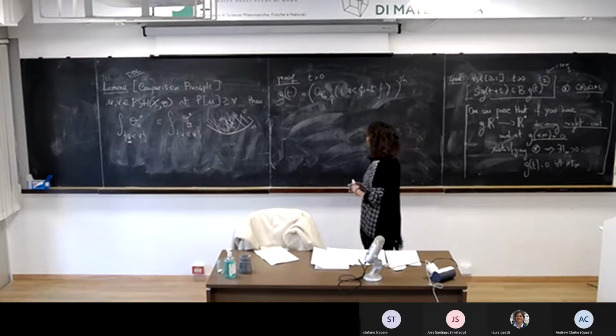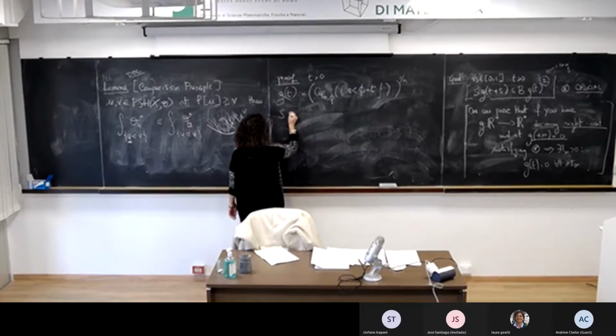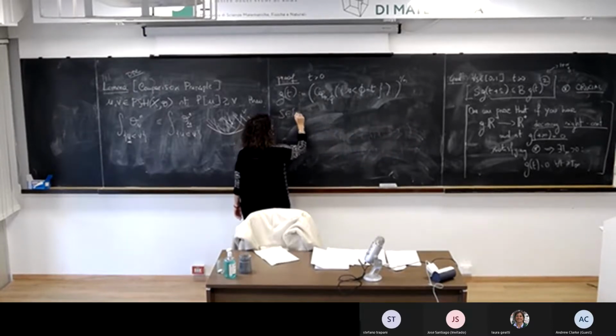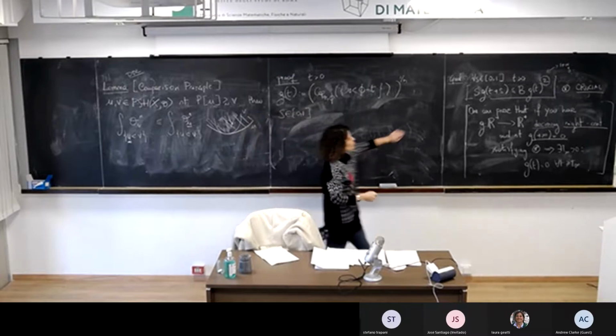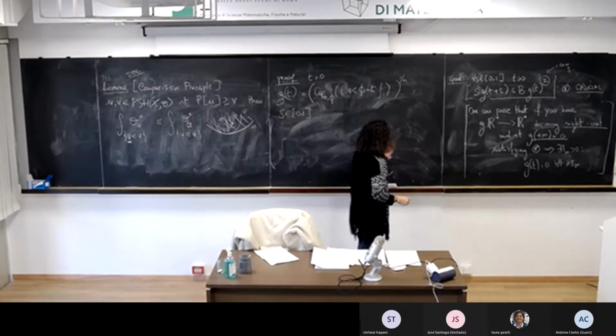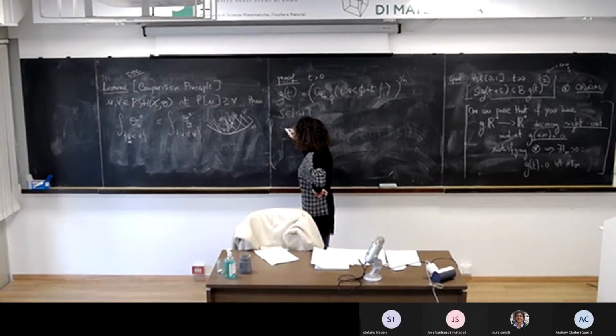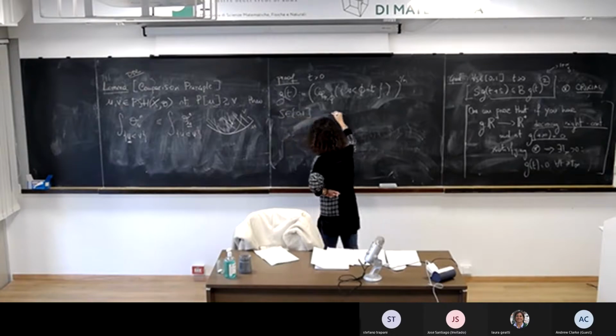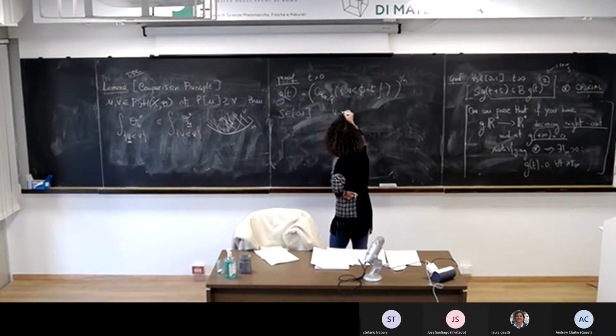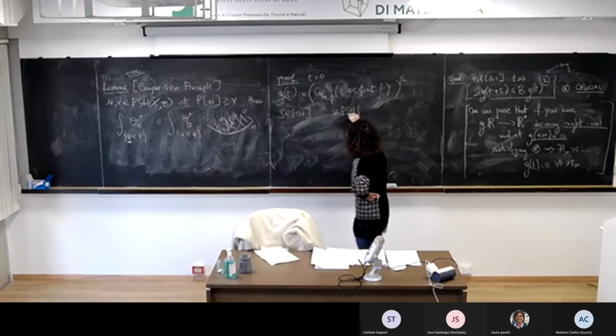Let's go for it. So we take s in between 0 and 1, and we are going to prove star, okay? So we start with an observation. We take v, a candidate in the definition of the capacity, theta phi.